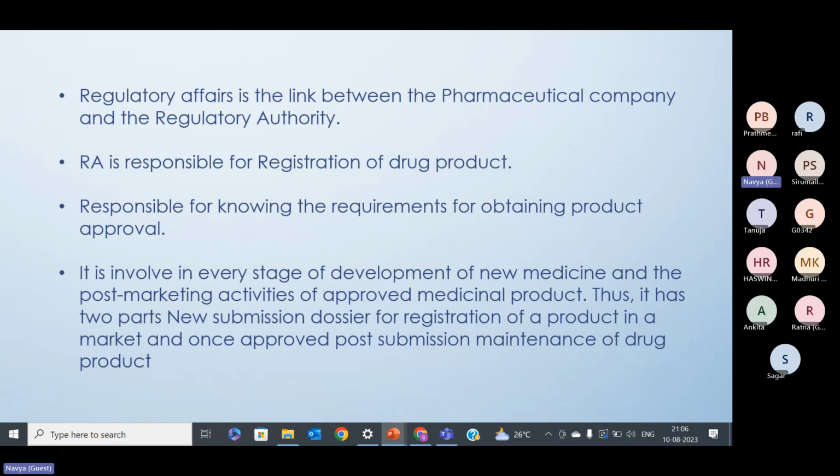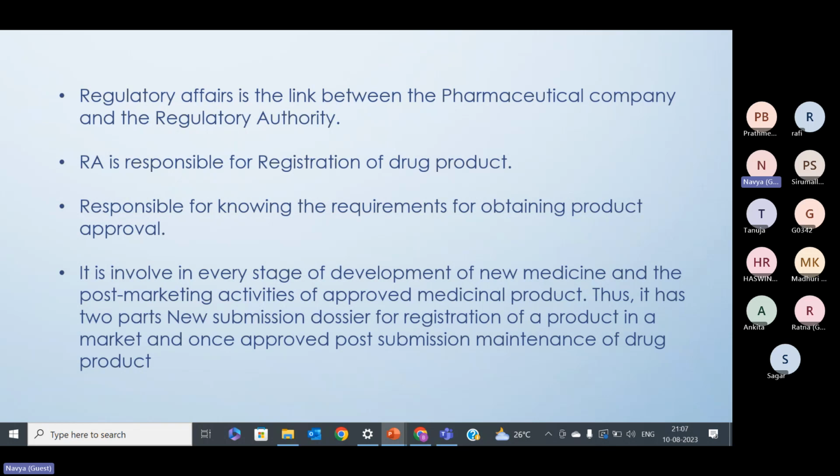Thus, regulatory affairs has two parts. One is the new submission of a dossier, to get registration of a product in a particular market. The other part is post-submission maintenance. If any change occurs in the dossier, it should be maintained, and the life cycle of a drug product should be maintained.